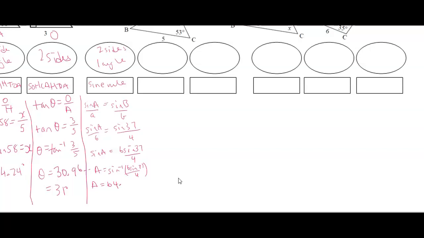If A is 64.518 and B we know is 37, that makes C, because all your angles inside a triangle add up to 180, equal to 78.48.